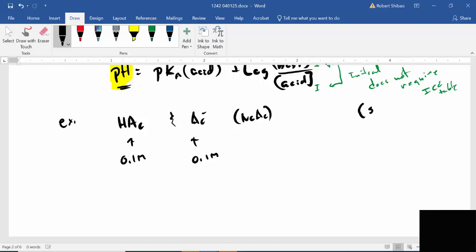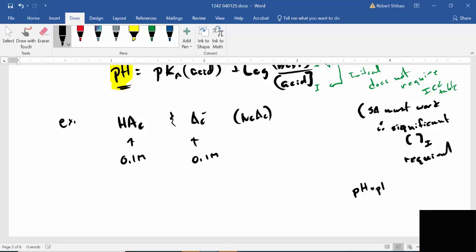The simplifying assumption must work for the Henderson-Hasselbalch equation to work. Therefore, significant concentrations of both initials are required. So really, the Henderson-Hasselbalch equation looks like this.